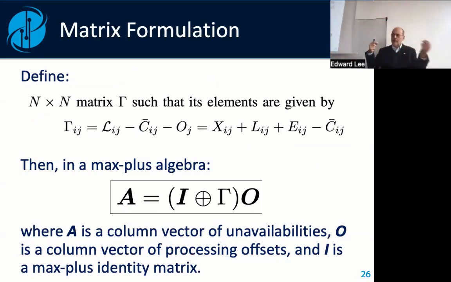You can have wired networks combined with wireless networks, combined with super high-speed buses. And you can characterize all of those networks in this matrix and then derive your unavailability requirements as a function of your consistency requirements and so forth. Okay, so a nice theory here.